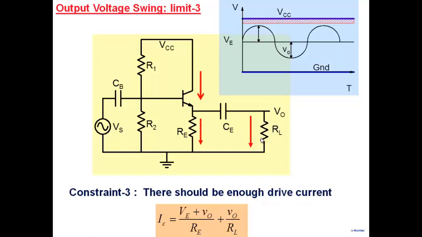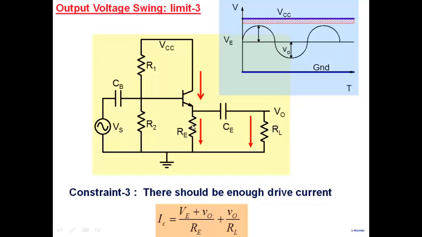Okay, so look at this particular part here. Let's see the case when my voltage is going high, at this point here. When the voltage is positive, the current in my load is flowing down. Current here is obviously always flowing down, and the other current is here. So if we look at the KCL at this particular node here, this current, which is the collector current, is equal to, note the voltage at this particular node becomes VE plus V0.